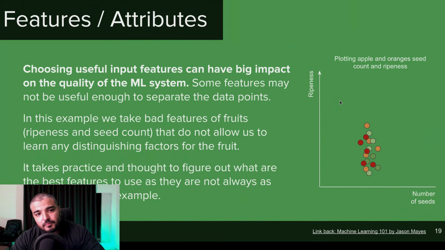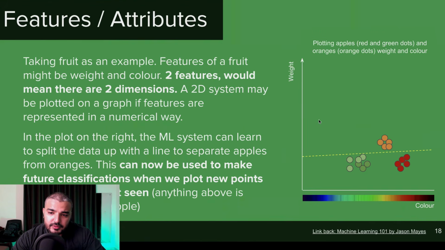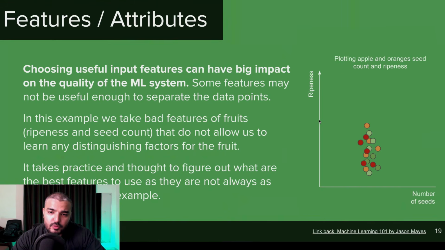So now another important term is choosing useful input features and how they impact your ML models. So let's say instead of these two features of a particular orange, we begin with ripeness and number of seeds. Obviously, they all vary in terms of different fruits.